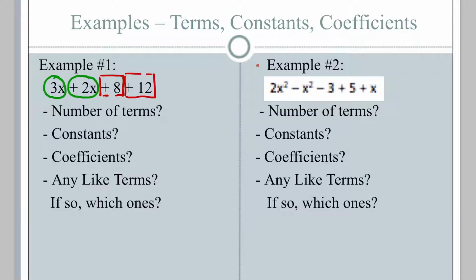Looking at these terms, we have 1, 2, 3, 4 terms. And so I'm working with 4 terms.